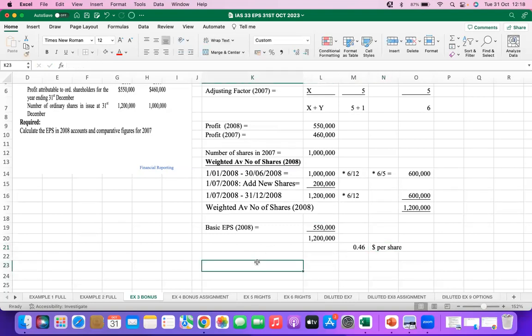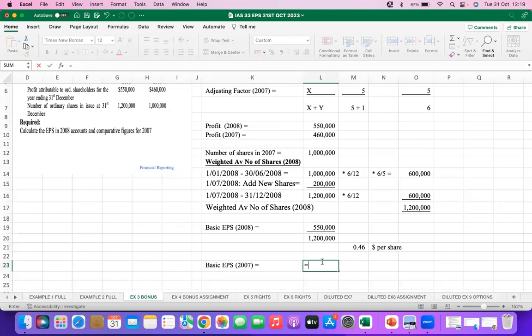And then we have basic EPS in 2007. In 2007, the profit was 460, and the number of shares, because there were no new shares, is 1 million.